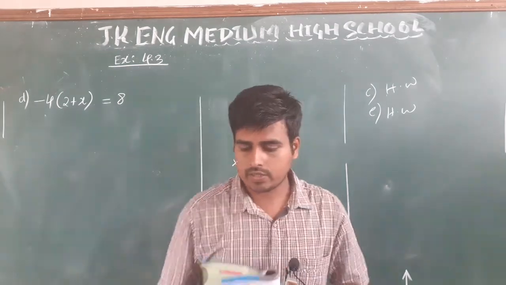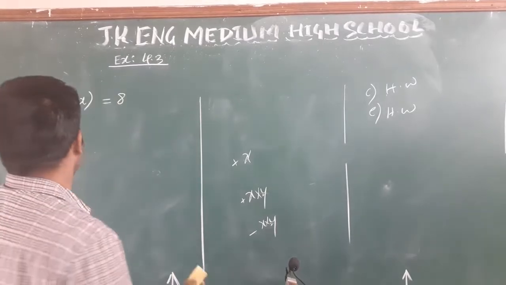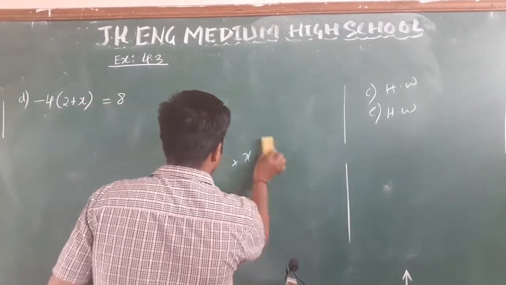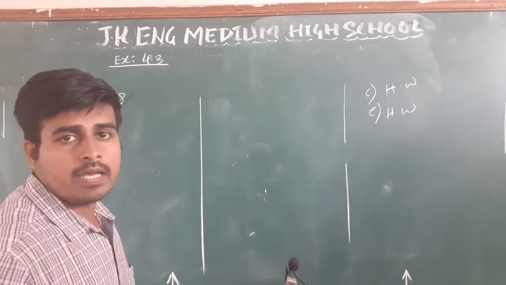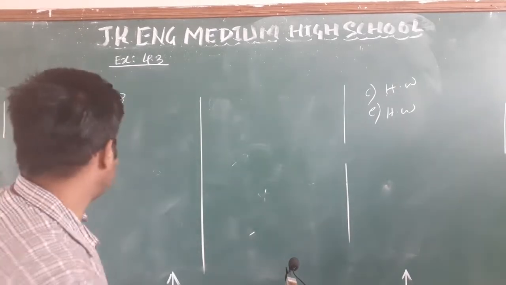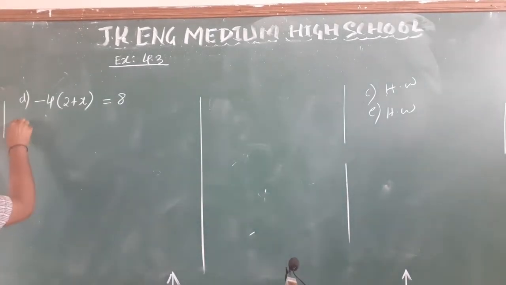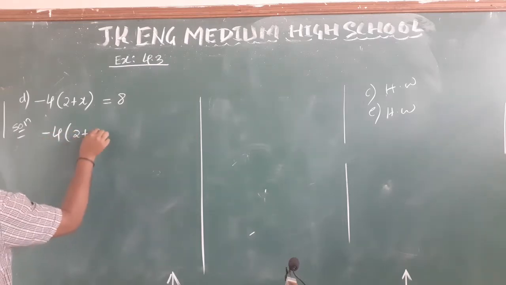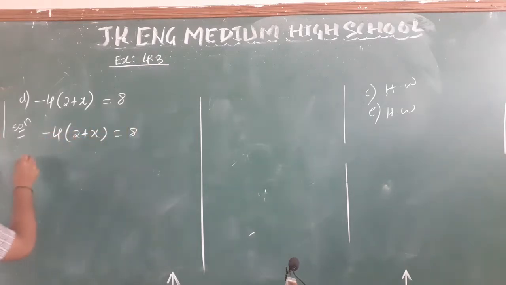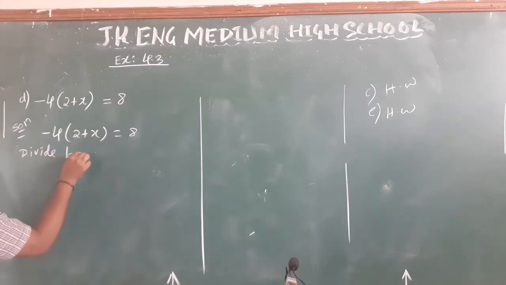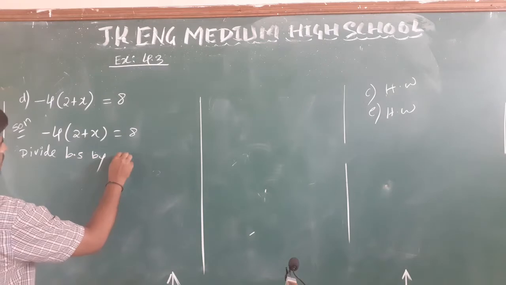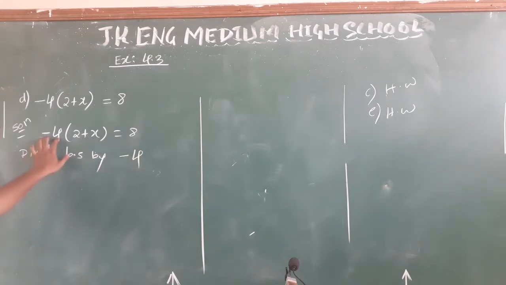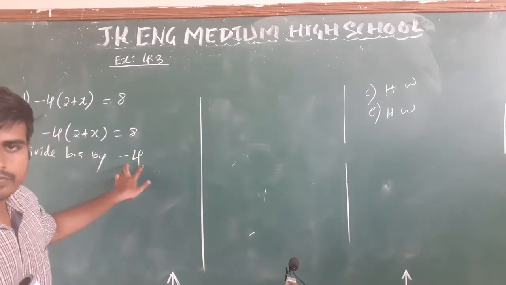To remove that minus 4, what I need to do? I need to divide both sides by minus 4. To remove this minus 4, I have to divide it by minus 4 only.